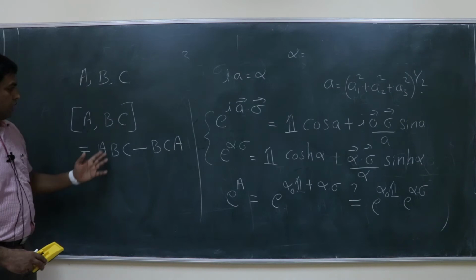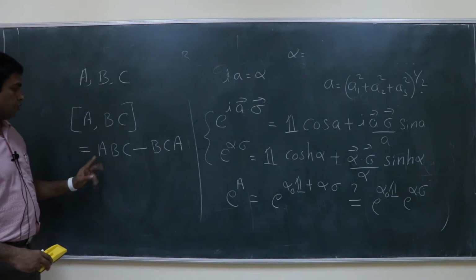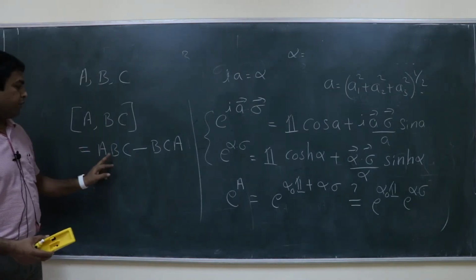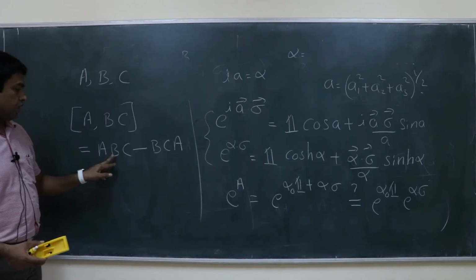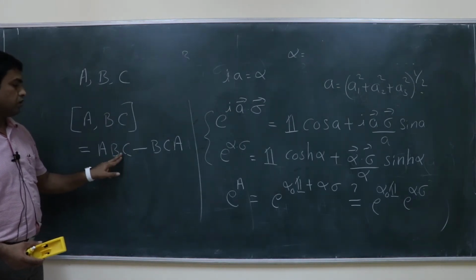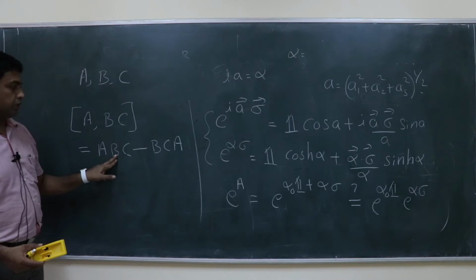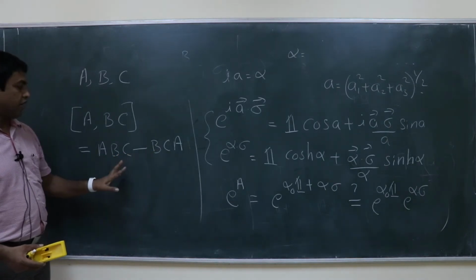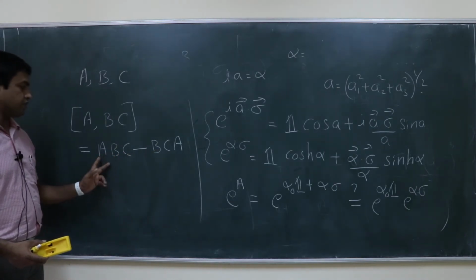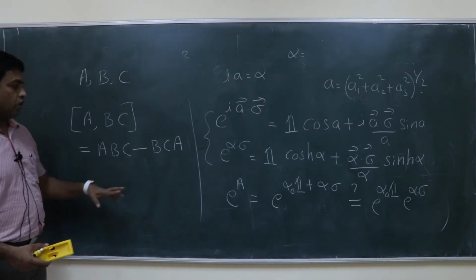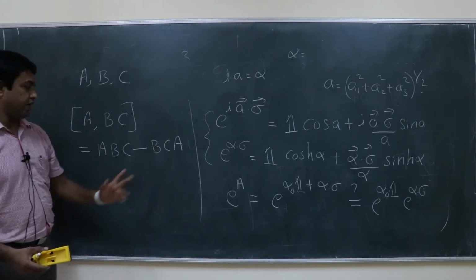Now, can I take B or C outside? No, because in general A and B don't commute, and B and C also do not commute. So because of that reason, I cannot write this as BAC or CBA, whatever.